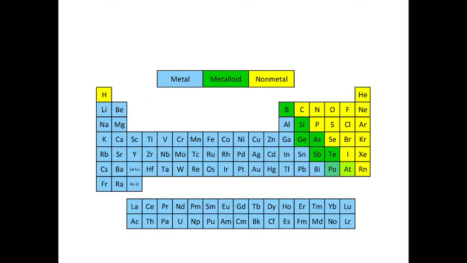So again, this is the location of your metals, non-metals, and metalloids. So everything to the left is your metal, exemption is hydrogen, that is a non-metal. Sa right natin ay yung mga naka-yellow, these are your non-metals. And then somewhere in the middle, this is your metalloid or semi-metals.